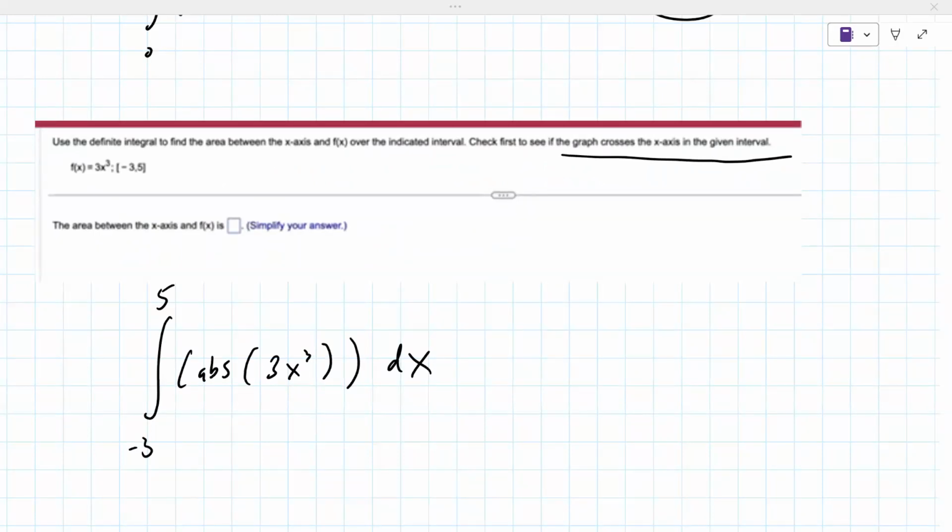All right, I got 529.5. Yeah, so that will be accepted. You can also make it a fraction, 1059 over 2, whichever one you think will work better.